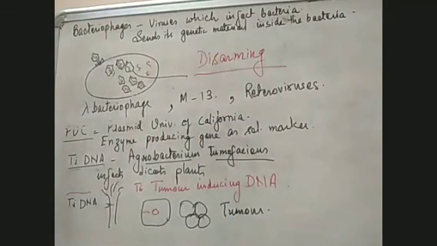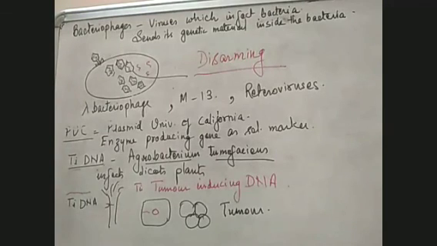So retroviruses can be used, lambda bacteriophages can be used, and M13 bacteriophage can be used to transfer our gene of interest. So till now, I have told you a few. The first artificially cloned vector was pBR322, which was formed by Bolivar and Rodriguez in the year 1977, and that was the first artificially made vector.